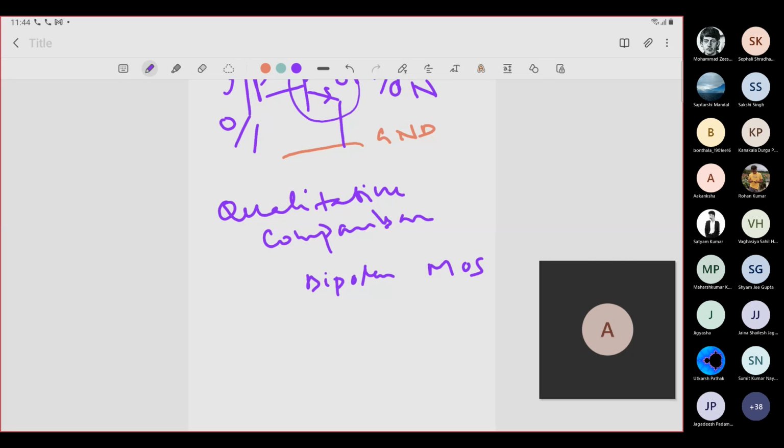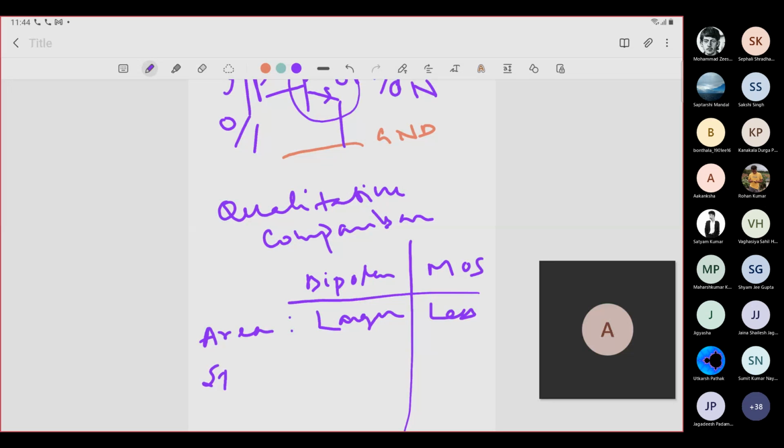Then if you look at area, compare the area. Qualitatively, bipolar will have a larger area, and MOSFET has less area. If you look at the speed performance, bipolar will have more speed performance, and MOSFET will have less.